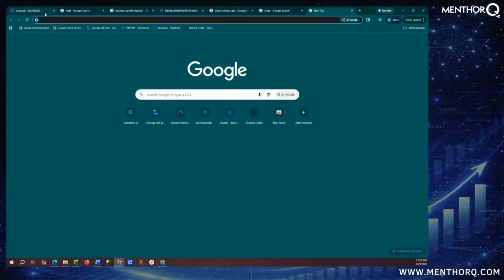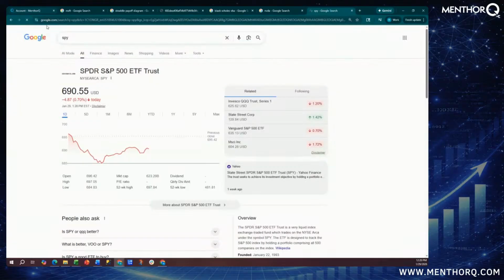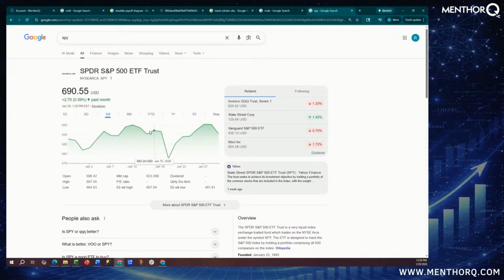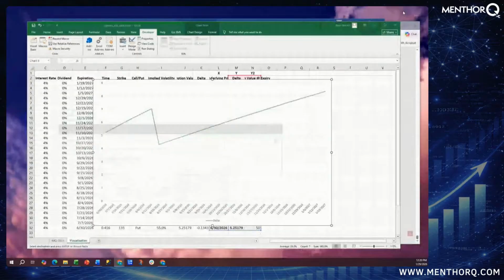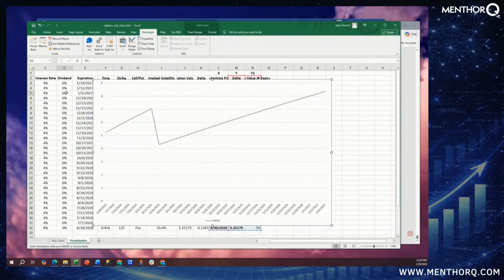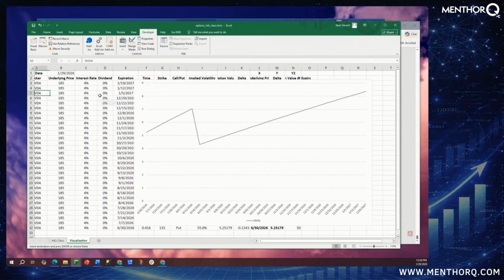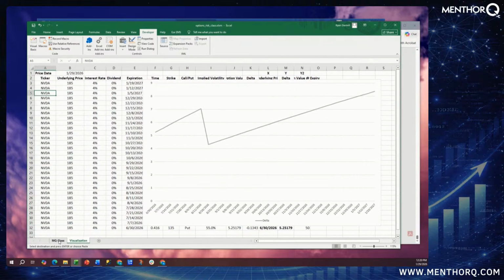So if we look at SPY, it's at 690, and where was it? It really hasn't moved, right? It's been chopping around 690. So if you sold a 690 put on SPY, let's just do this real quick.